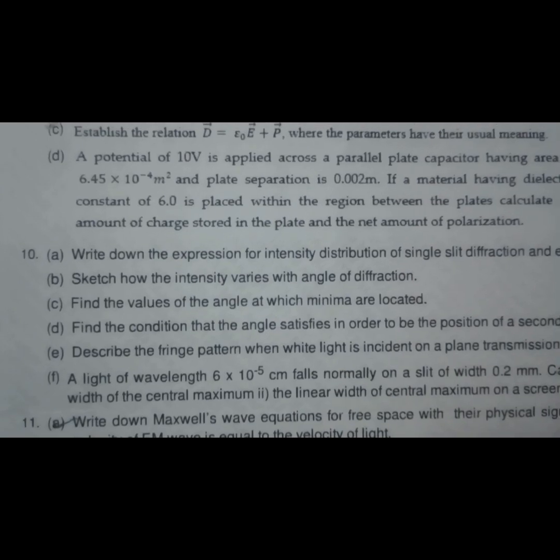If a material having dielectric constant of 6.0 is placed within the region between the plates, calculate the amount of charge stored in the plate and net amount of polarization.